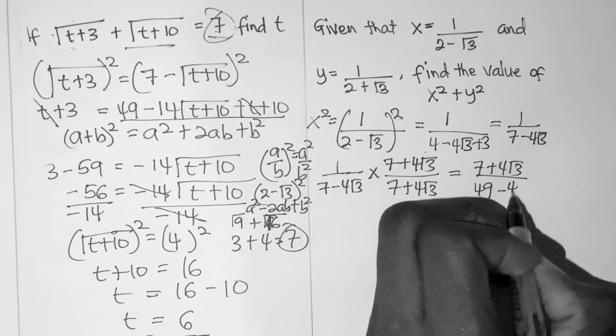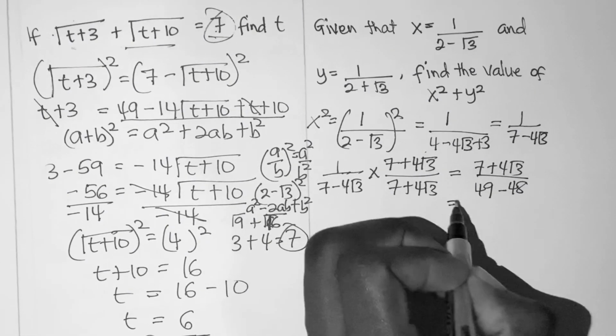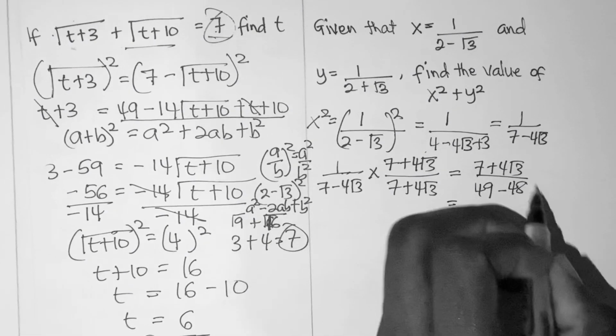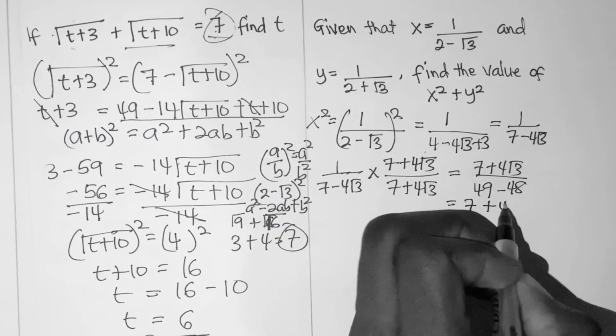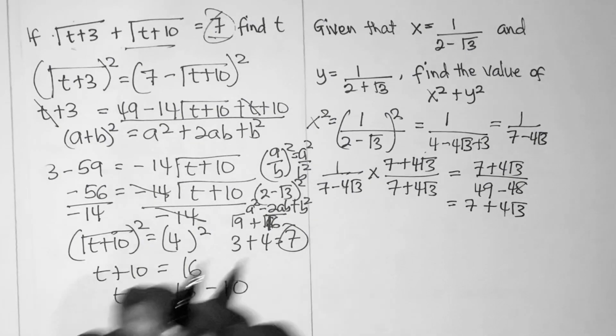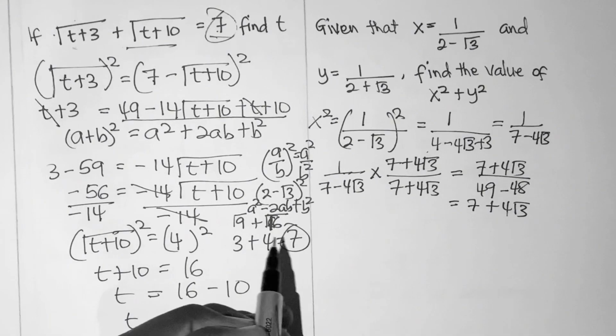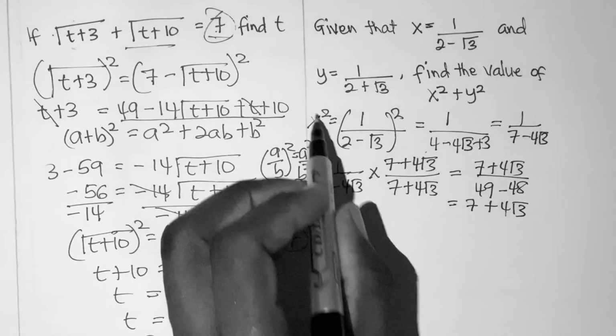So minus 48. 49 minus 48 is 1. So this becomes 7 plus 4 root 3 divided by 1, which is the same as 7 plus 4 root 3. So we found x squared.